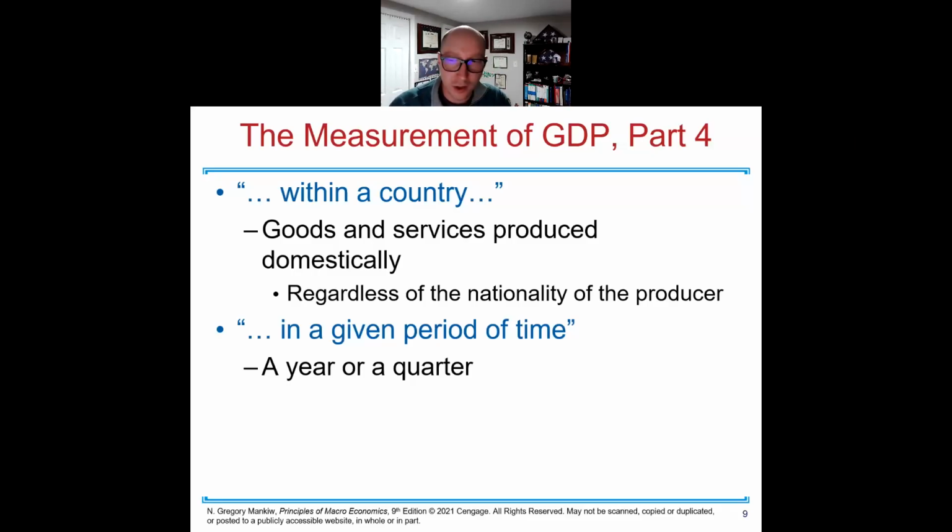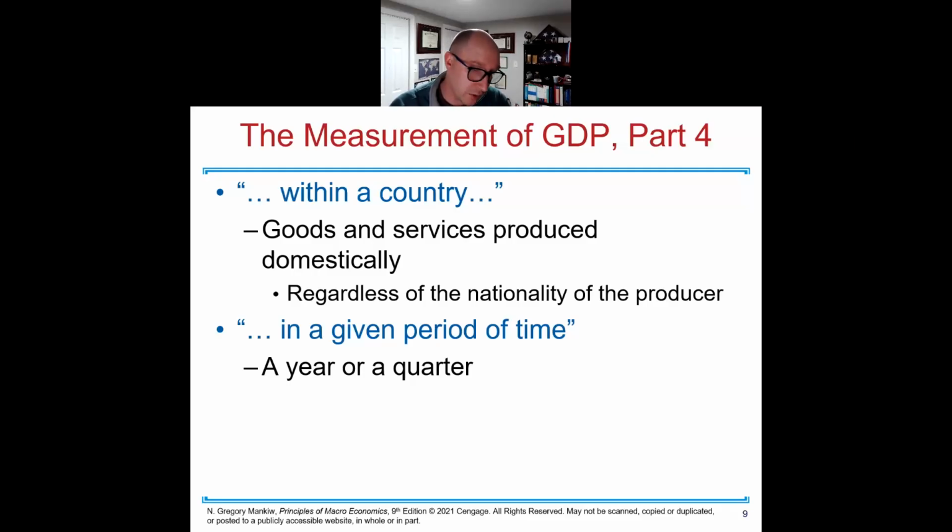And we only measure in a certain period of time, usually quarters and a full year. Every year has 4 quarters, Q1, Q2, Q3, and Q4. A quarter represents 3 consecutive months. January, February, March is Q1.